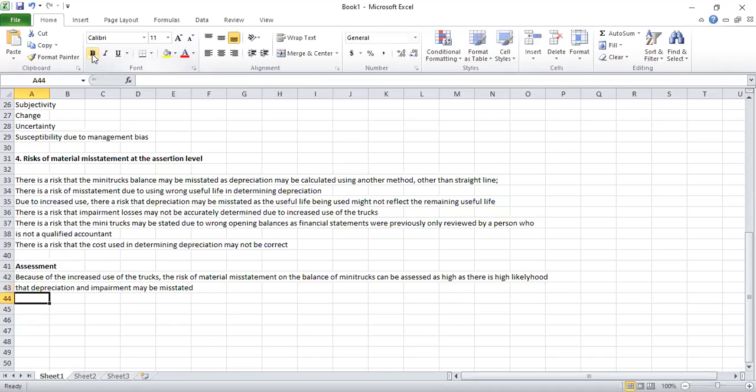So here we're looking at what as uncertainty. There is uncertainty on the useful life, and the balance is susceptible to misstatements.